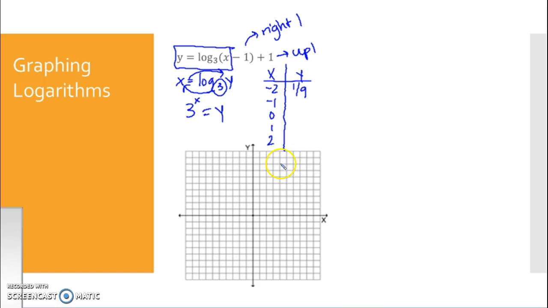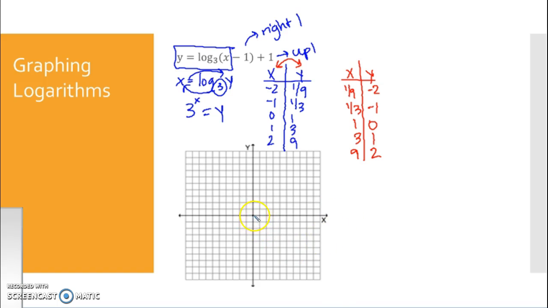Okay, do it again if you need to, but 3 to the negative 1 is 1/3. 3 to 0 is 1, 3, and 9. Alright, now I'm not going to graph these because this is for my exponential. I need to switch my x and y back. 1/9, negative 2, 1/3, negative 1, 1, 0, 3, 1, 9, 2.